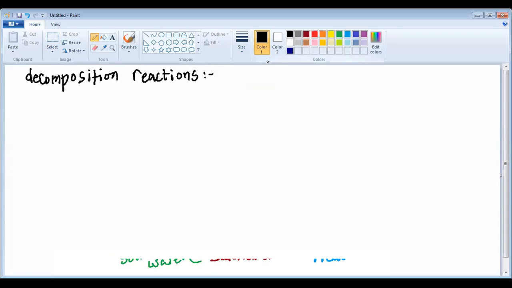So let us see how we understand this decomposition reaction, my dear students. First of all, let us see what is a decomposition reaction. In decomposition reactions, my dear students, one reactant decomposes.